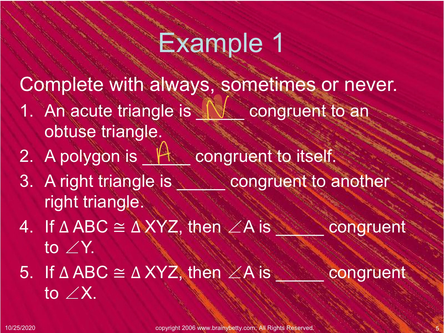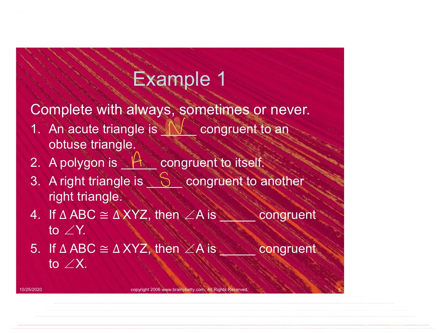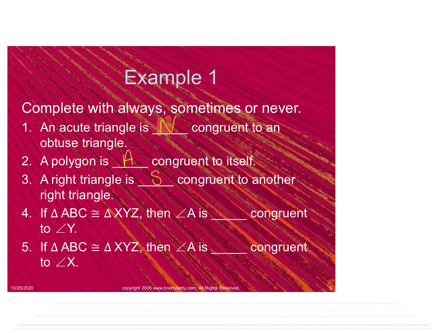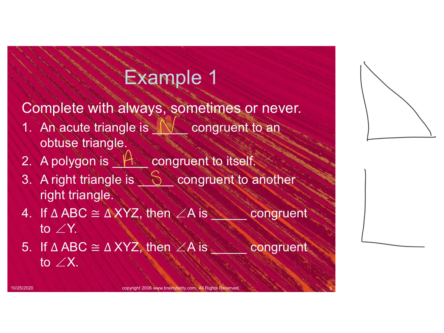A right triangle is blank congruent to another right triangle. This is sometimes, and I want to show you why it's not always. So looking at these two triangles, I'm going to draw. Here are my two right triangles. My other two acute angles have to equal what? 90 degrees. Good. The other two acute angles have to equal 90.